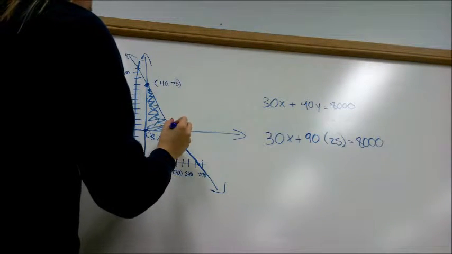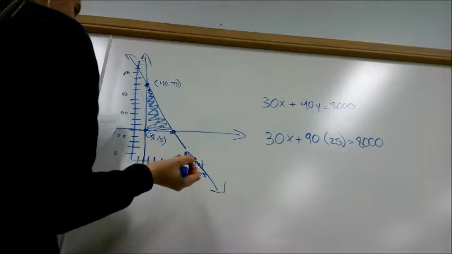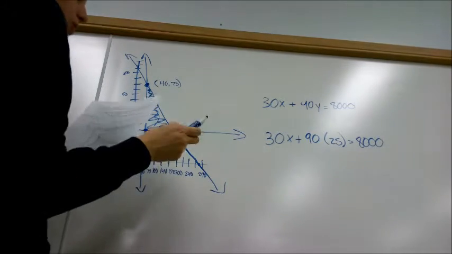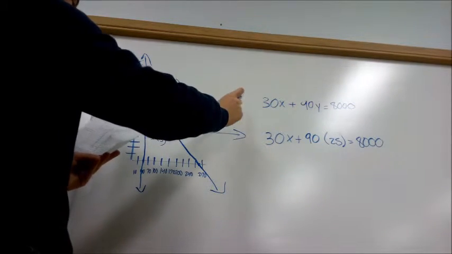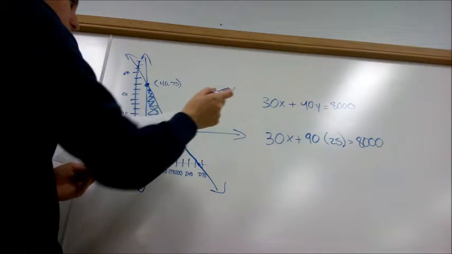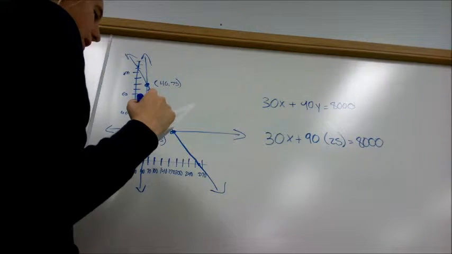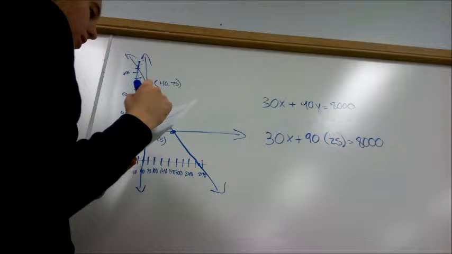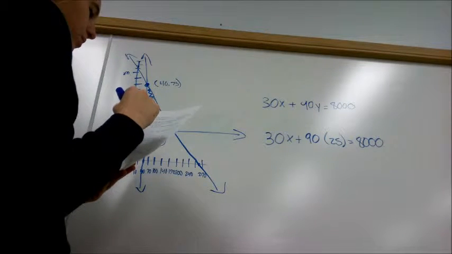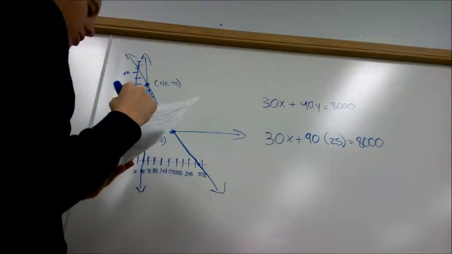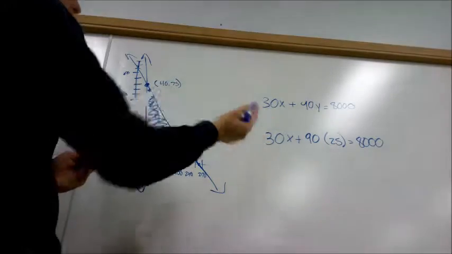This point right here is indecisive, so you have to go over here and pick your two constraints from the beginning. So I picked the 30x plus 90y is less than or equal to 8,000, and then I plugged in the y is greater than 25 for the y on this equation.